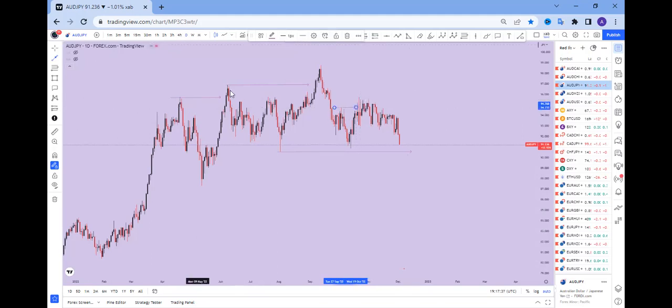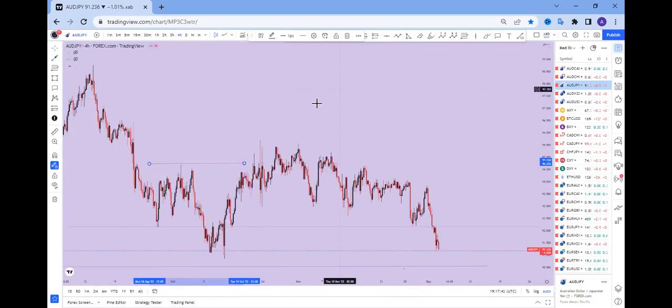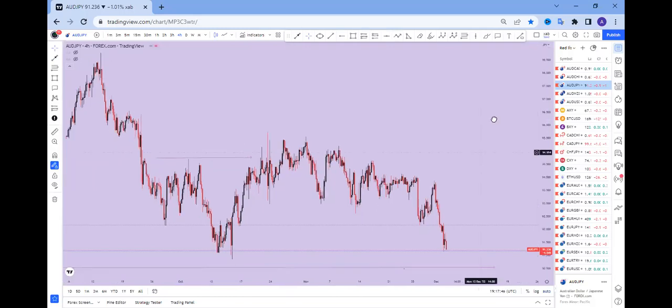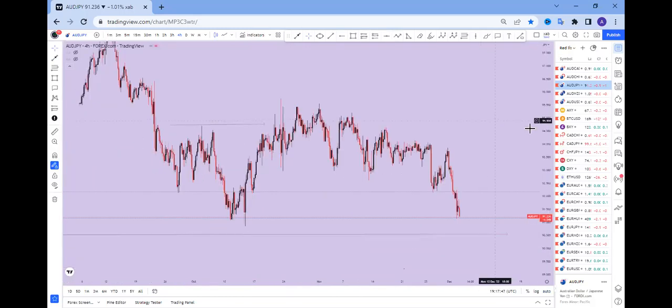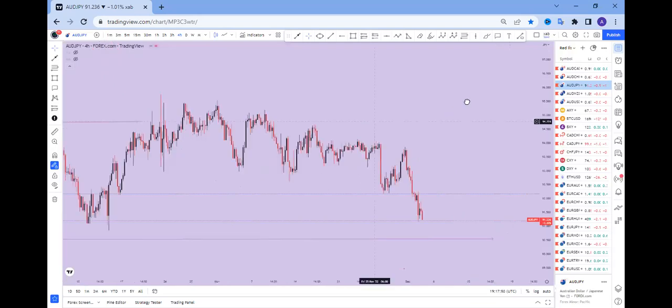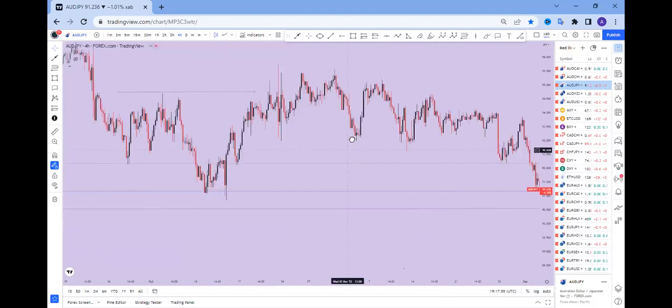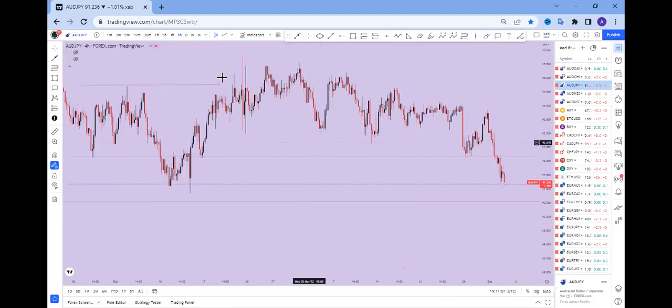So let's go to the 4 hours time frame. If you look at what the 4 hours time frame is looking like, we got the break of structure here, which means that the order block was somewhere around here. Let me mark out that order block so you can see what I'm talking about.